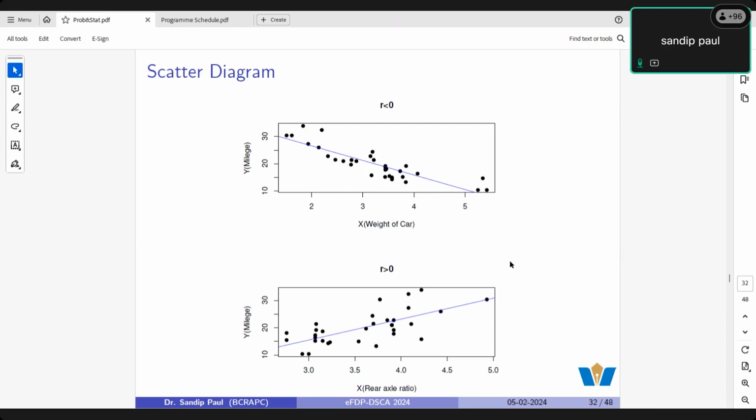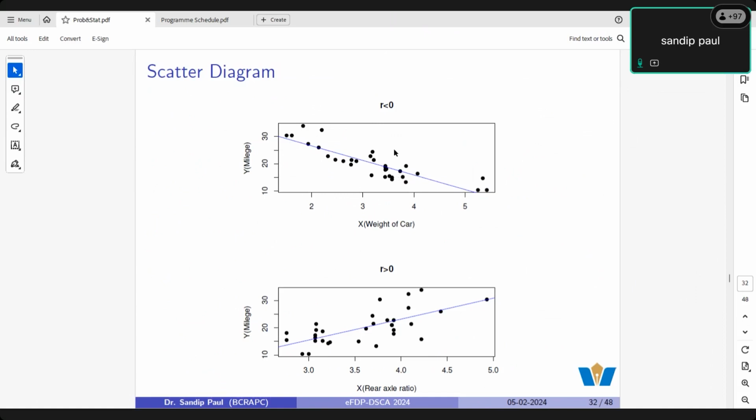These are called bivariate data, where two variables, x and y, are involved. For each x value and y value, we have found a point in the two-dimensional plane, and in the second graph we have done the same thing. And this line is called the regression line, which we'll understand later.